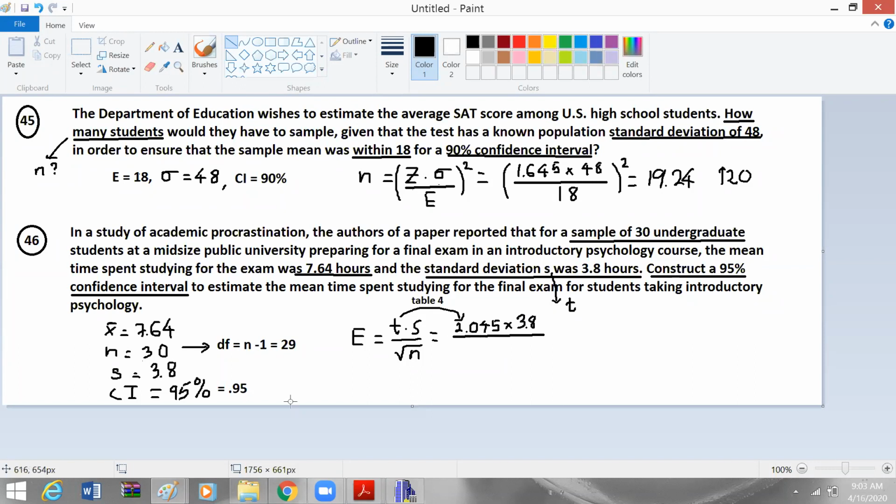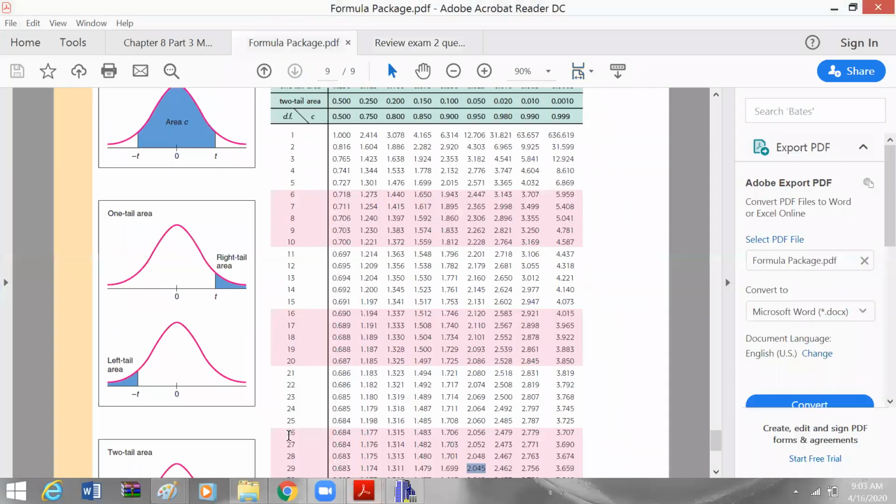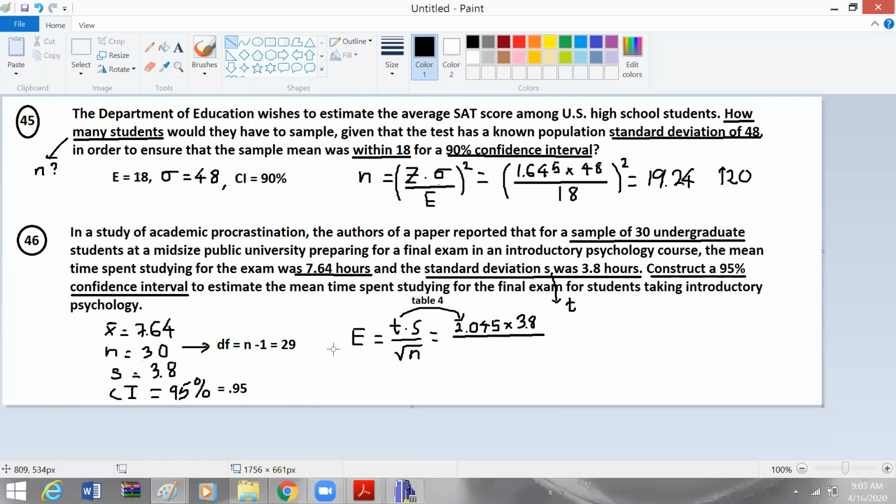Remember, when we look at the chart, we have to go to 29 because the degree of freedom is n minus 1. But when you divide, we have to be really careful. n is 30, n is not 29. So when you plug in the value, make sure that n in this case is radical 30.